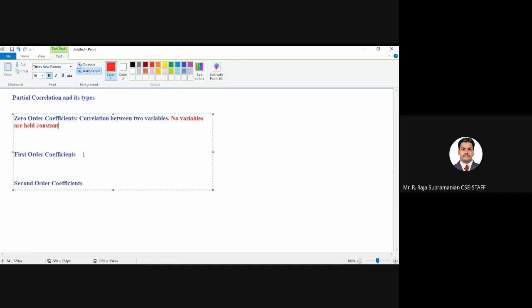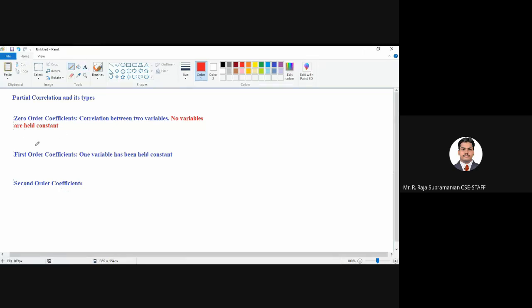Right. Here also it is a correlation, and how can I represent it? Here one variable has been held constant. Here I can also write some representations to understand this better. How can I represent this? I take a pen, and I can represent it as R12, R13, or R23 like that.